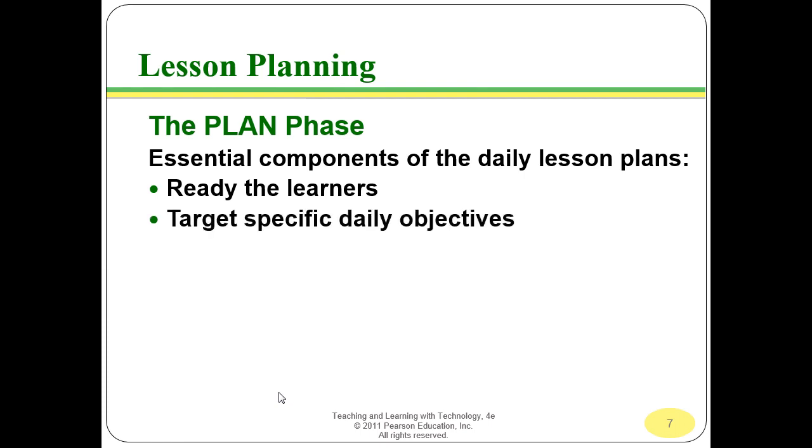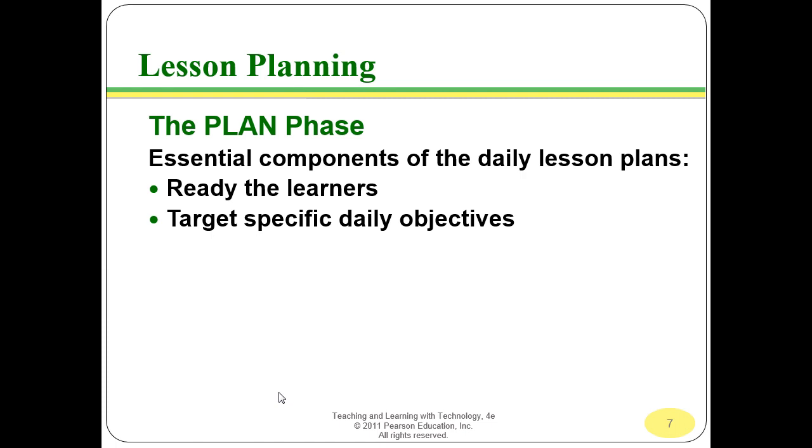We can look at the essential components of the daily lesson plans. There are some components of a lesson plan that need to be consistent every day. One thing that needs to be looked at every day is what was taught the day before.